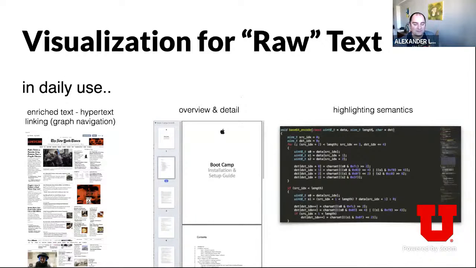Similarly, if you are looking at a PDF on your computer, you probably have a preview of the next pages so that you can see what's going on. Or if you use Visual Studio Code, you have a view on the right with basically unreadable text, but it still shows you the whole file to enable you to quickly navigate to different parts of that file. There you're leveraging more color highlighting.